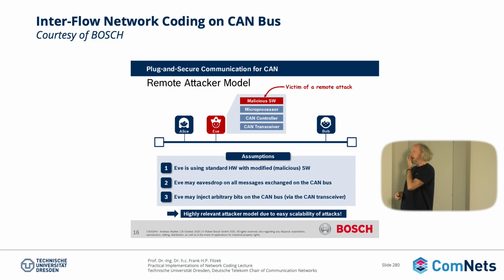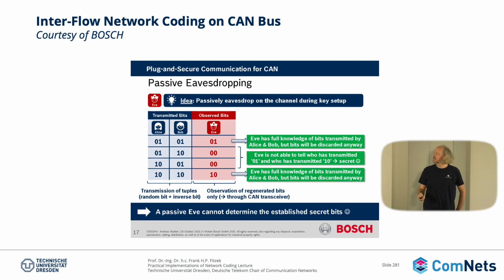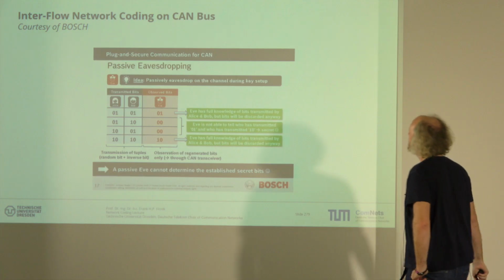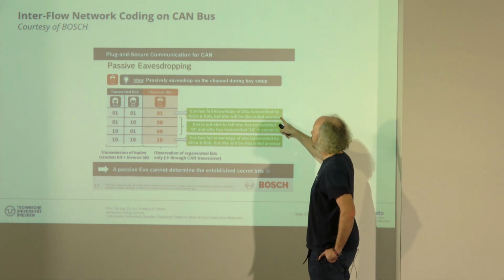Okay, then the question is what happens now if Alice and Bob are communicating and you have one malicious attacker on that? What you will see here is when Alice and Bob are transmitting certain bits, what they really observe, right? If you're sending 0101, then Eve will see 01, and Eve has full knowledge of bits transmitted by Alice and Bob, but bits will be discarded anyway, this one, right?